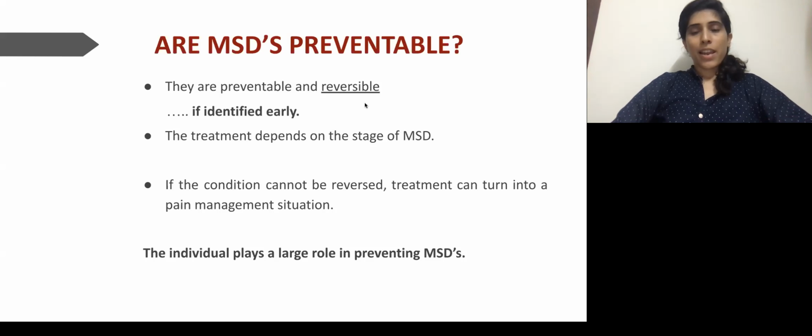If we get these early signs and proceed with physiotherapy, then of course we can avoid MSD in the future, and we can reduce the present symptoms as well.